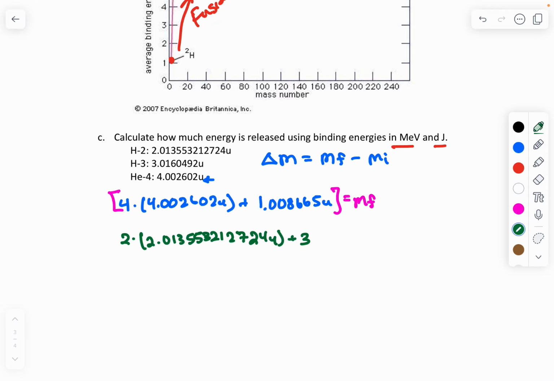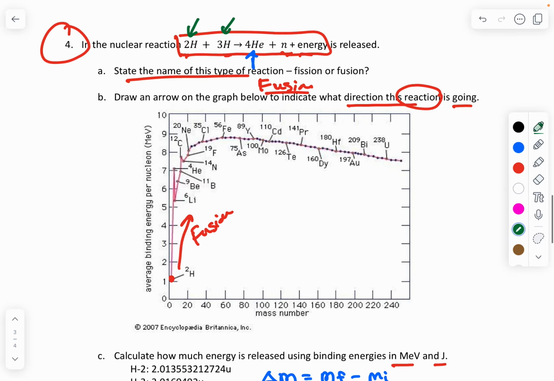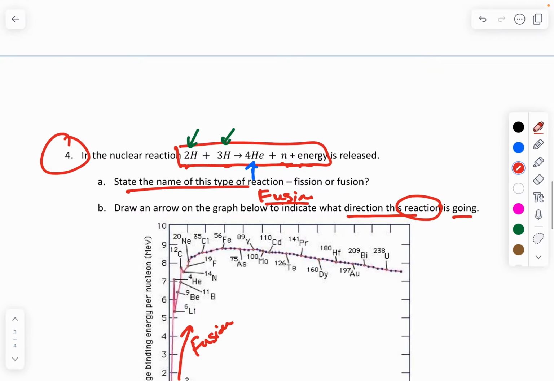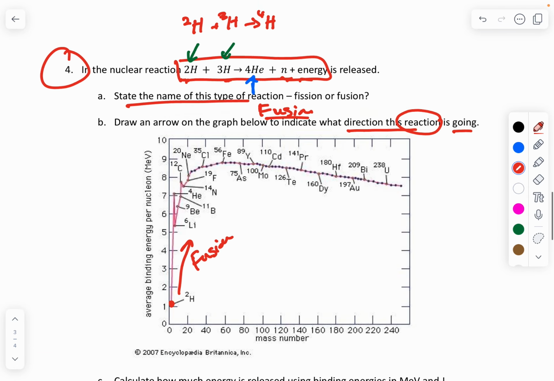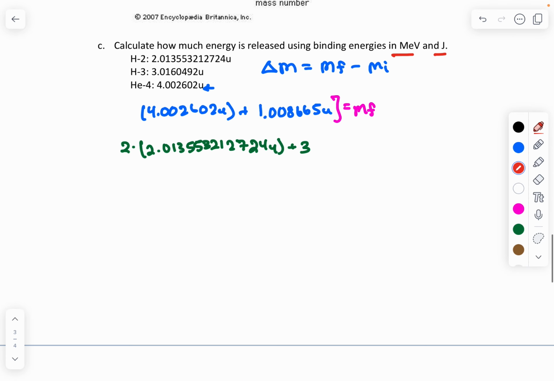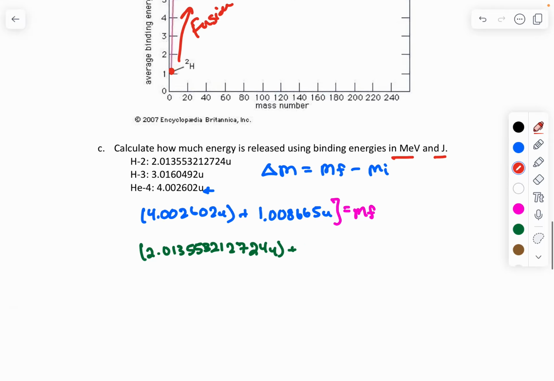I just realized this is supposed to be H2 plus H3. I don't know why the format didn't carry over. Okay, that's not great. Sorry about that. Okay, here we go. And then, of course, we want to delete this one as well.